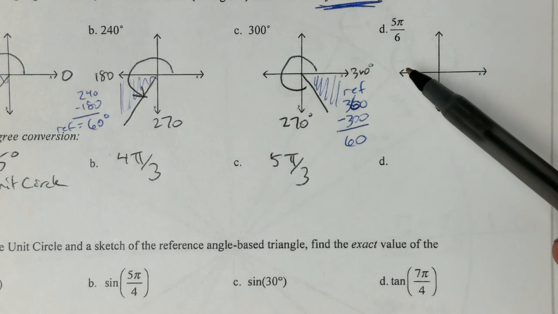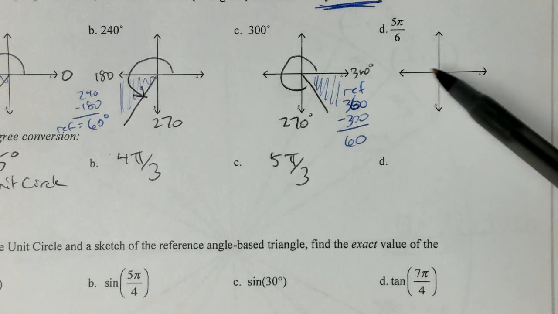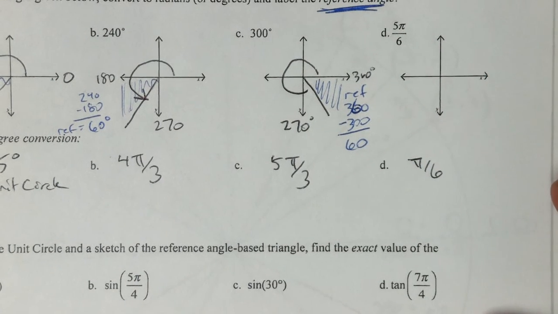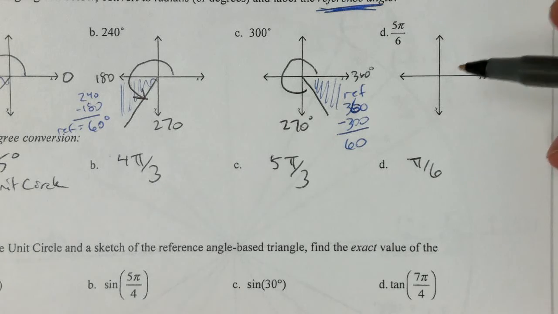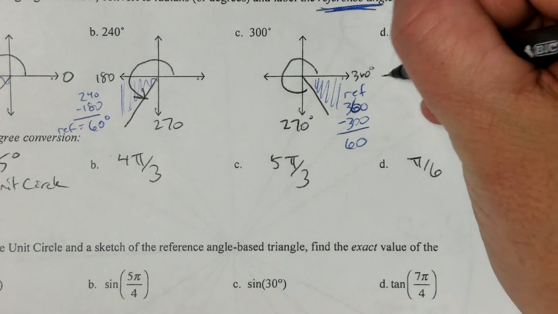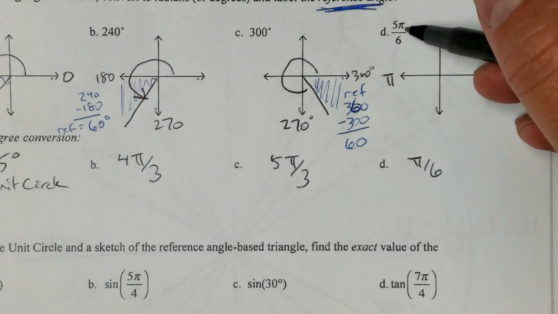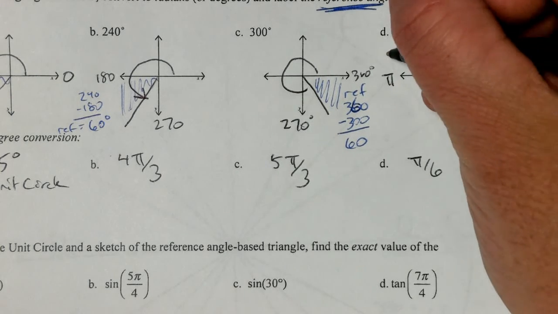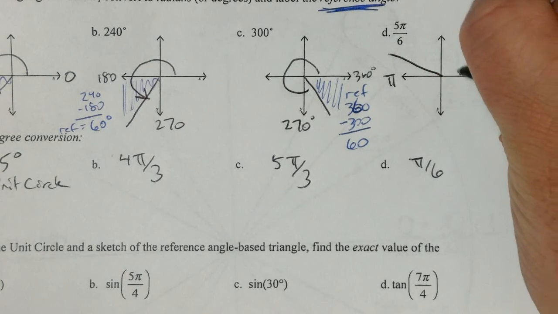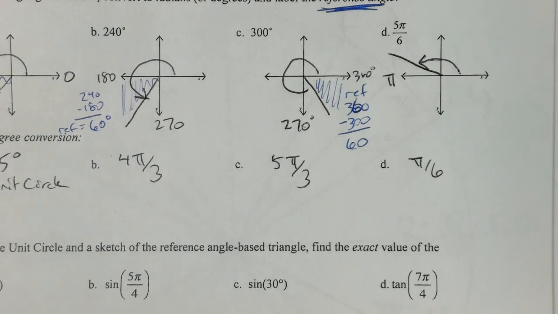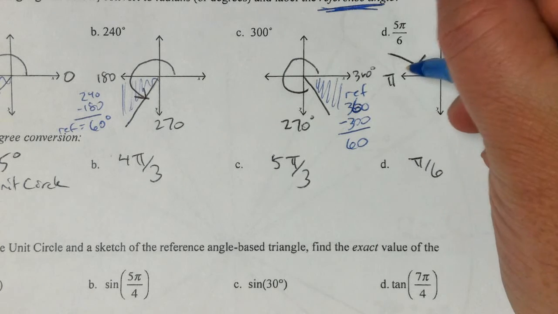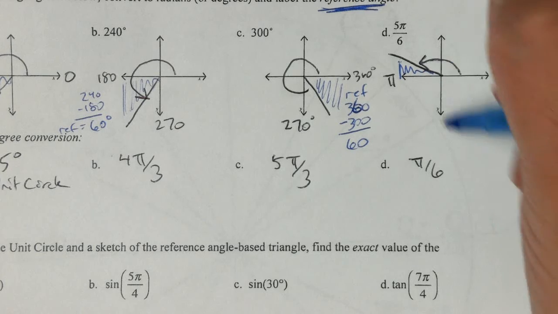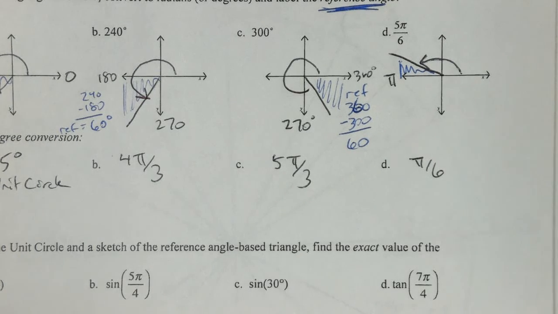And then for 5 pi over 6, this reference would be pi over 6. And pi is here. So pi is equivalent to 6 pi over 6, so 5 pi over 6 would be around here. Like that. So here's your... Oh, you know what? I put this as my reference.